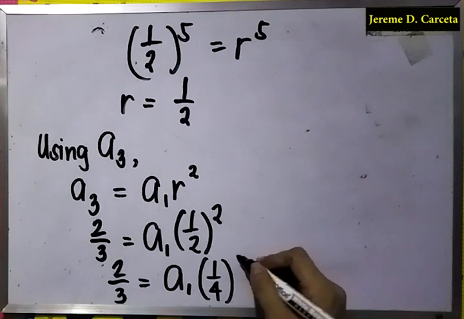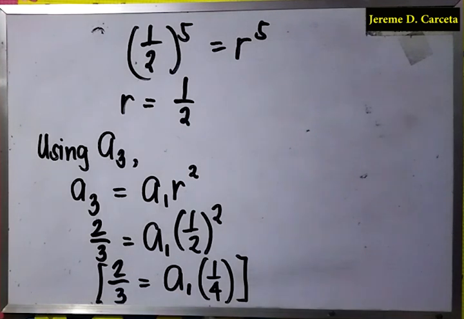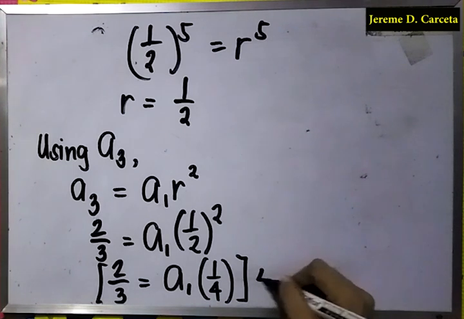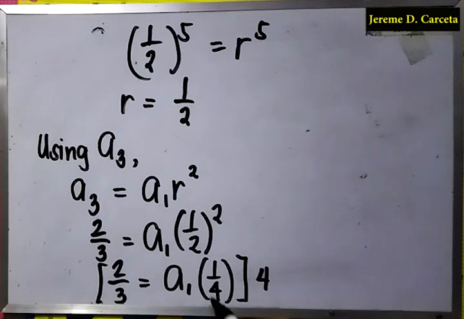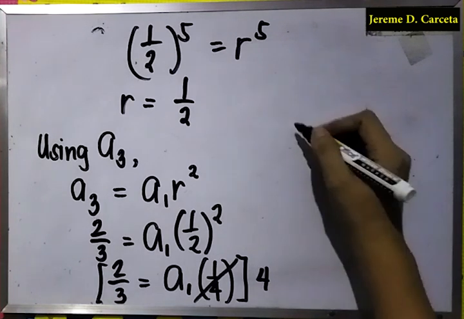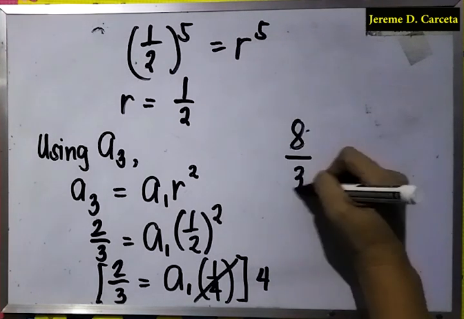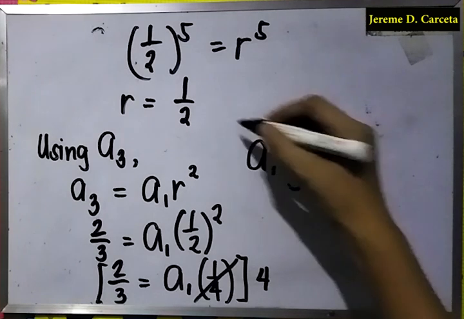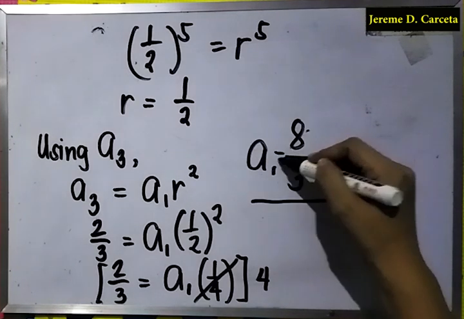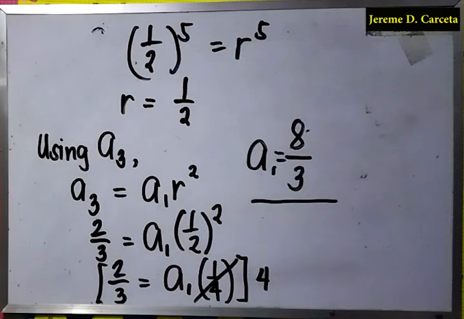Let us multiply the whole equation by the reciprocal of 1/4, and that is positive 4. So it will now be cancelled, and then we simplify 2/3 times 4. That would be 8 over 3. So our a sub 1, in this case, using a sub 3, is equal to 8 over 3.